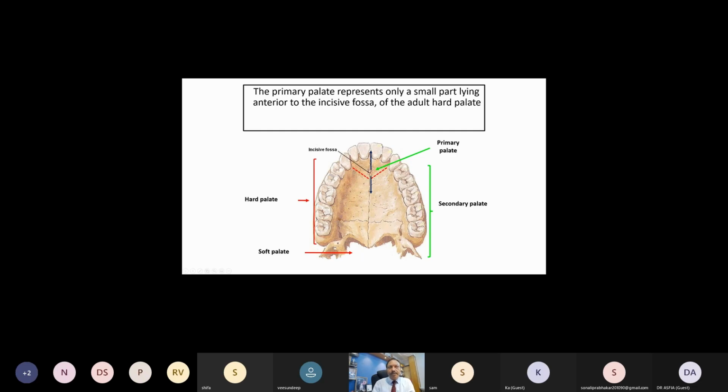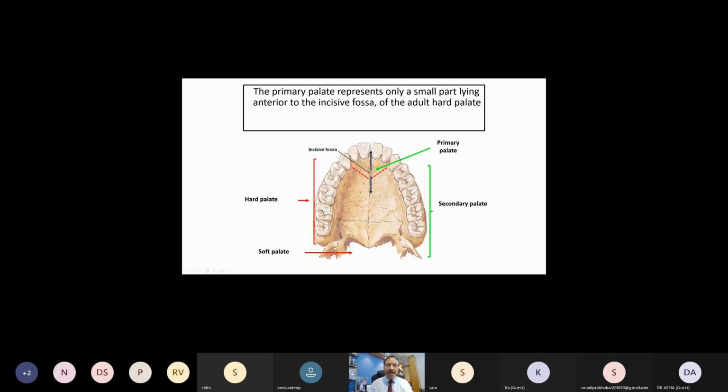So you will see that probably the fusion starts from somewhere in the incisive foramen area. So it goes anteriorly like this, and it goes posteriorly like this. So you would see if the cleft of the lip is incomplete, it is either in the vermilion or in the skin.